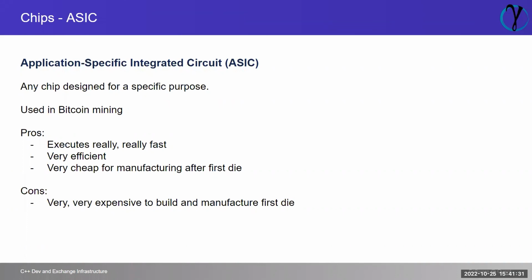But the only problem is that ASICs are very, very costly to manufacture. We're talking about 10, 20 million just to get the first die out, and then it costs cents on the dollar to get more. So the first one might cost less than 2 million, and if you buy 1,000 of them, even though it costs 2 million to make the first one and 10 cents to make the other ones, you're probably still selling them for about $2,000 each, just to divide up the cost of manufacturing. And I don't think that even includes the research.